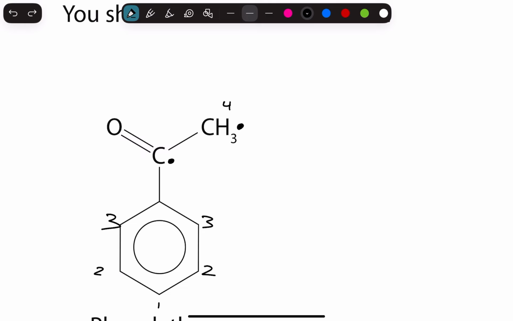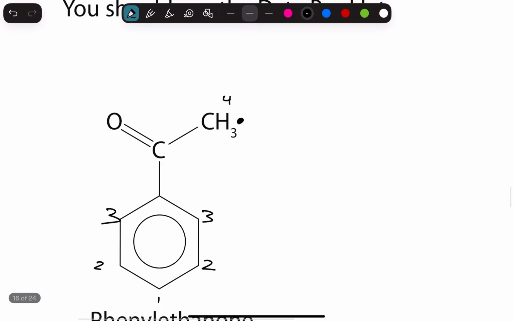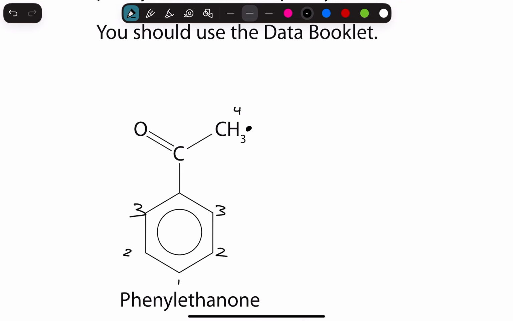But what would the splitting be? Now, with splitting, we look at the carbon adjacent to the carbons that are attached to the hydrogens. So the adjacent carbon that is attached to the carbon which is connected to the hydrogens is this one here. Through that we use the n+1 rule.